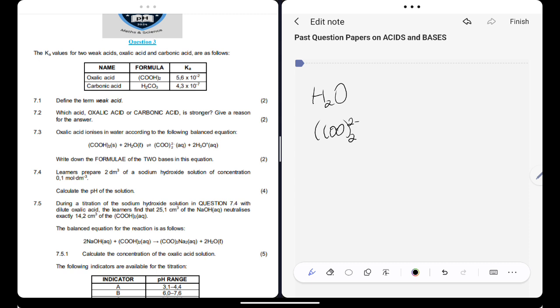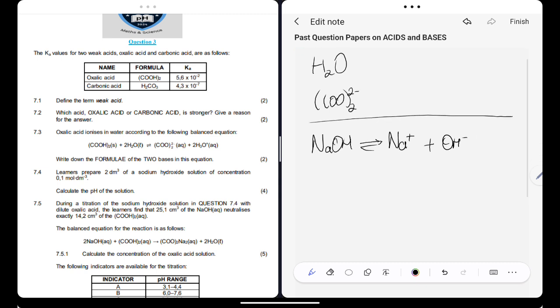Okay, and then we are told that learners prepared 2 cubic decimeters of sodium hydroxide solution of concentration 0.1 moles per cubic decimeter. Calculate the pH of the solution. I know that whenever my sodium hydroxide dissociates, it will form Na+ and OH- ions, right?